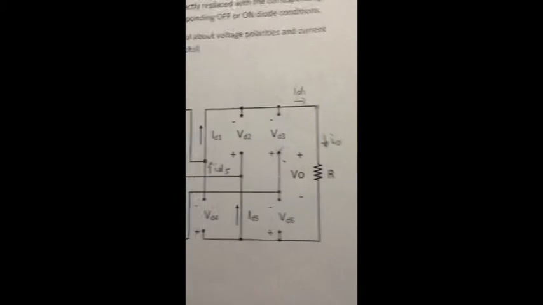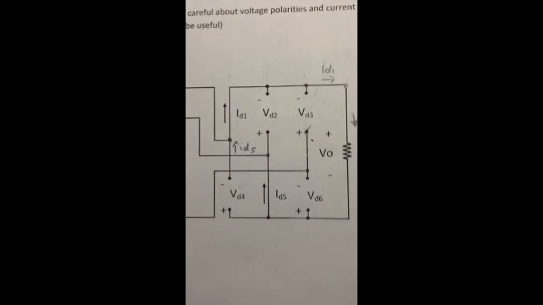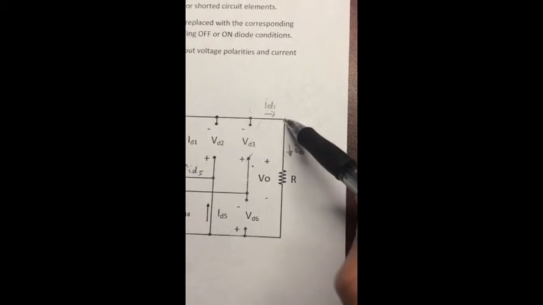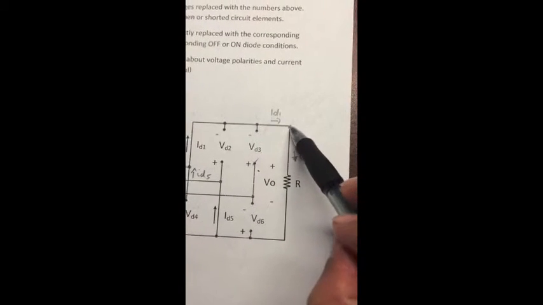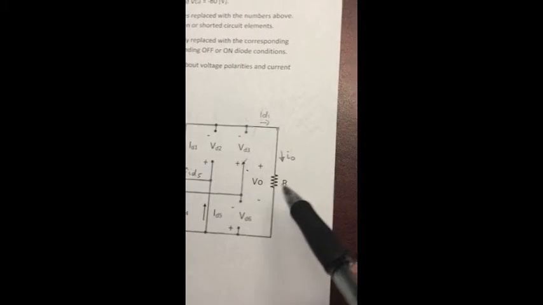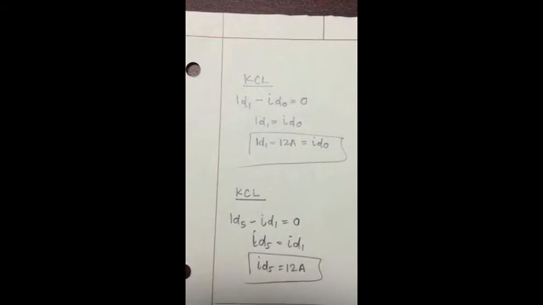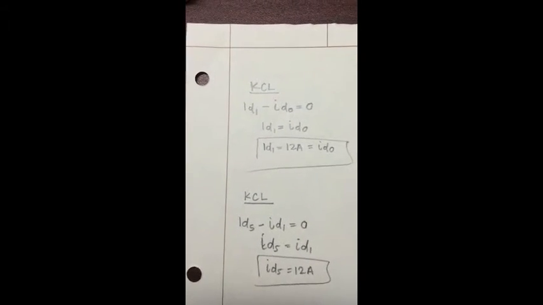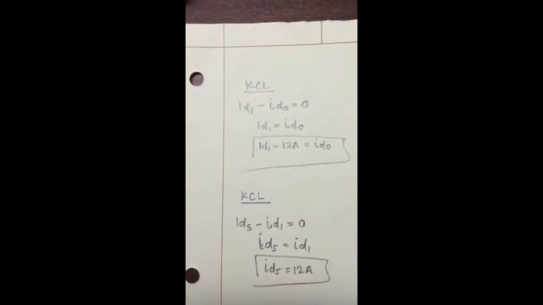Now from there, we can use that to solve for the currents ID1 and ID5. We're going to use this node right here to solve for ID1. As you can see, ID1 is entering this node and IO is leaving this node, which gives us ID1 minus IO equals 0. Since IO is equal to 12 amps, that gives us ID1 equal to 12 amps.